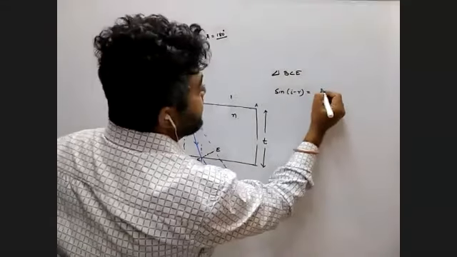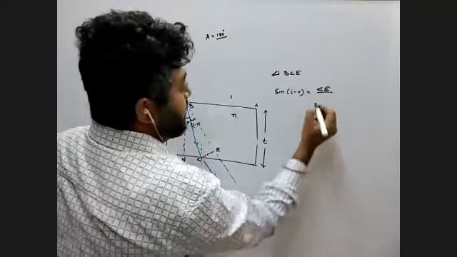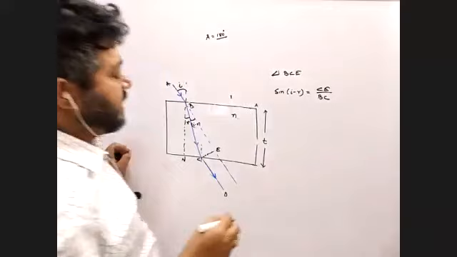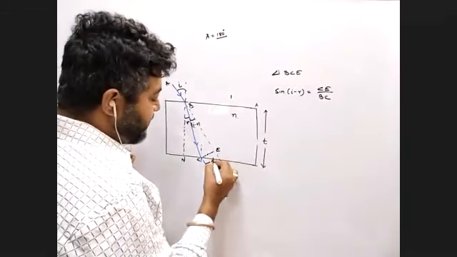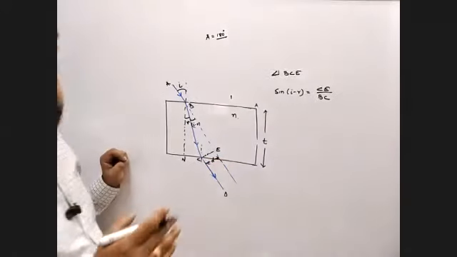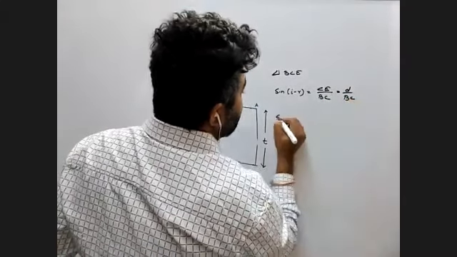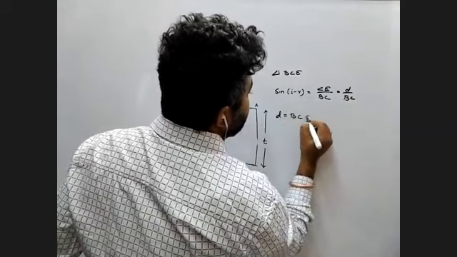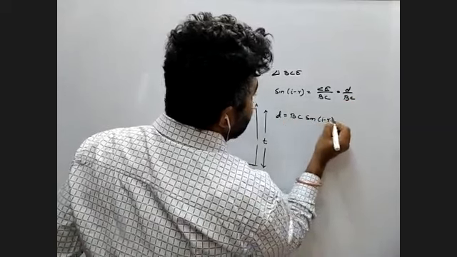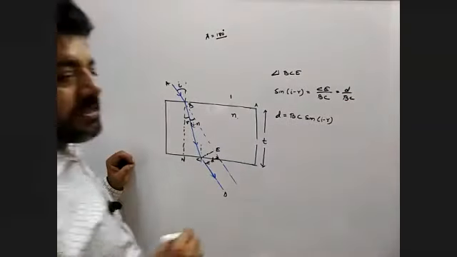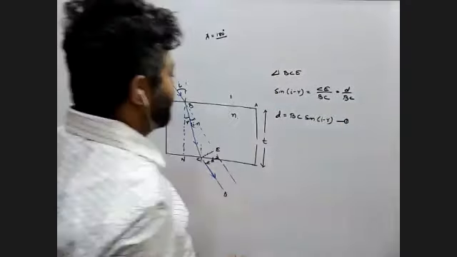So we write CE by BC. Now CE is the separation, depth or shift, the lateral shift D. So D by BC. So D is BC sine of I minus R. Let it be equation number 1.